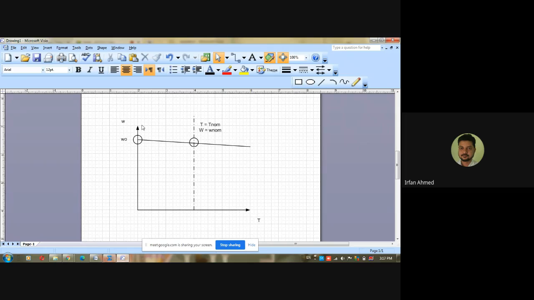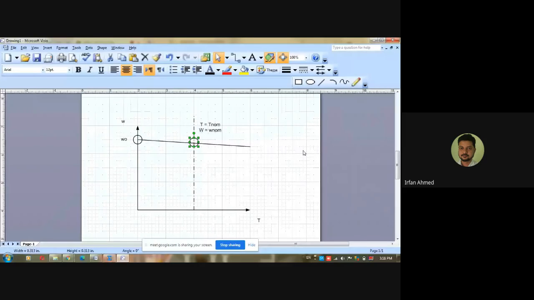Now, the next question is how to obtain these points. How will you obtain this point? From the data on the nameplate of the motor. Yes, sir.